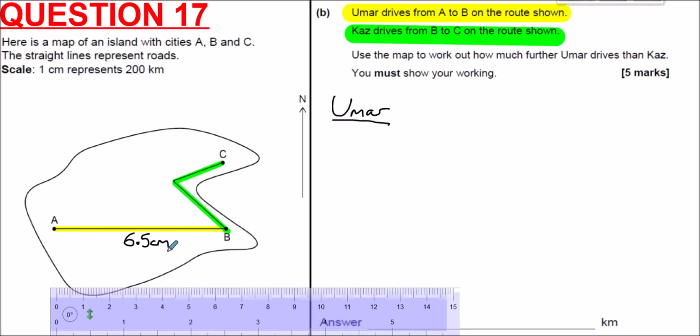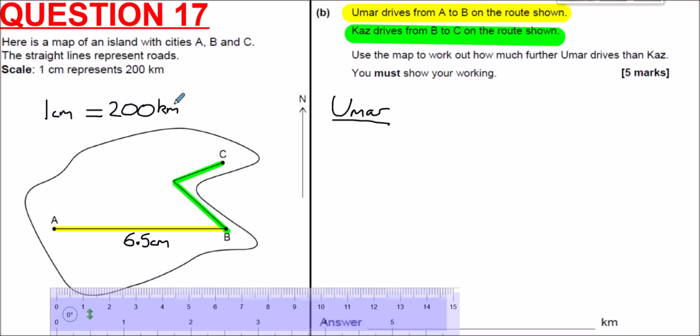6.5 centimetres is about the length of a thumb, so you wouldn't be driving that distance unless you're particularly lazy. We need to bear in mind that we need to convert this distance to kilometres, and so using this scale here, 1 centimetre equates in real life to 200 kilometres. So in this case, we've got a small thing here, massive distance here.